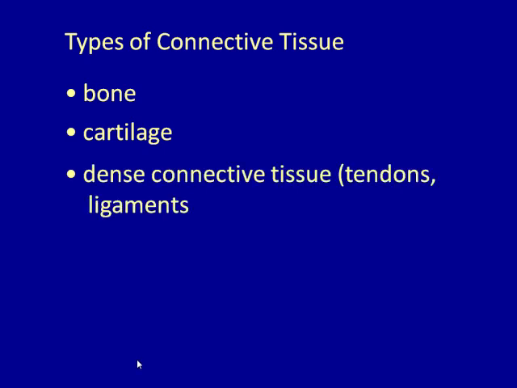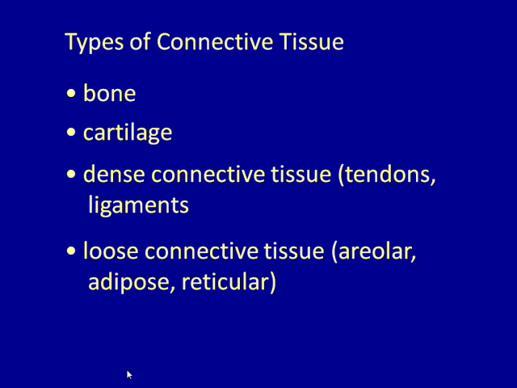Dense connective tissue has lots of heavy fibers in it, making it very strong and very flexible. It's very tough. All of the fibers run in the same direction, parallel to each other, so tendons and ligaments are types of dense connective tissue. Then we have loose connective tissue, which is a softer kind of tissue.